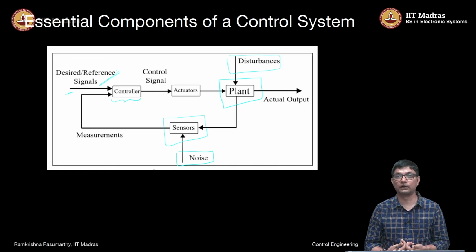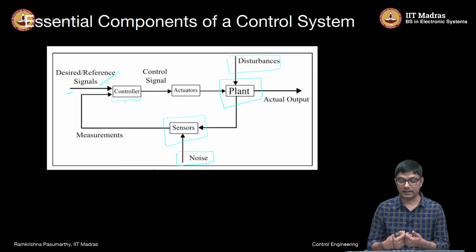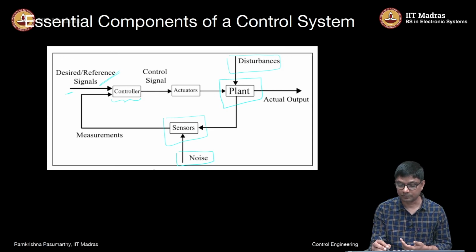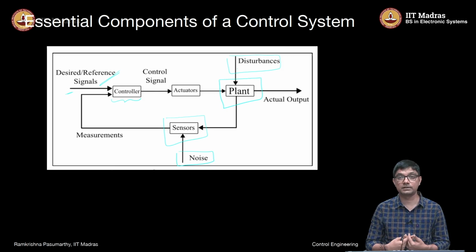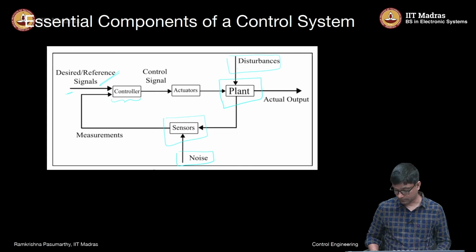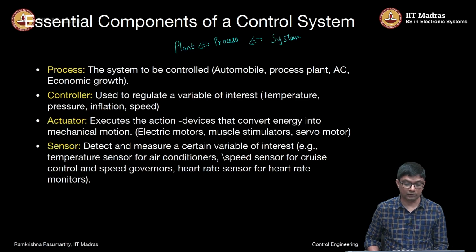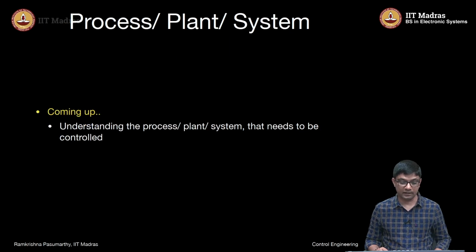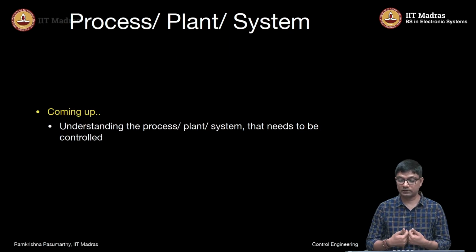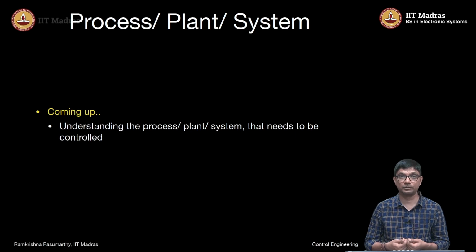I design a controller such that it is insensitive to disturbances, possibly measurement noise, and so on. So the first step in all of these concepts would be to understand the process, the plant, the system that needs to be controlled.